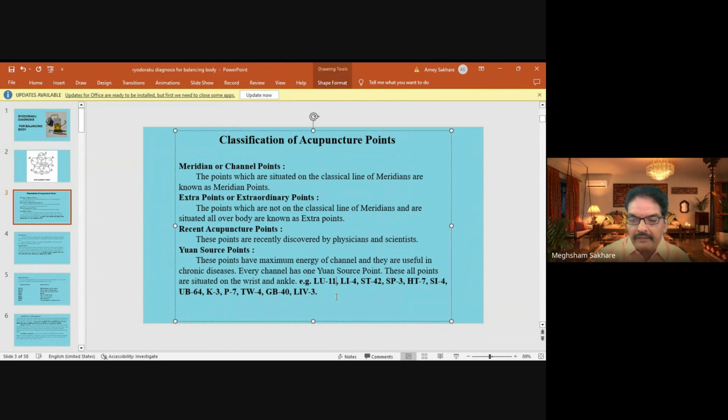So here is a mistake. Lung 11 is written. Lung 9 should be there. I have corrected it.